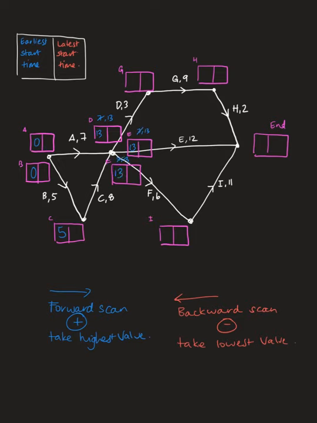And I keep going with my forward scan. To get into G, up the top here, to start G, I have to go through D. So 13 plus the 3 is 16. And then going through that way, so I might come through here before I get into that. But to start I, I have to go through F. So 13 plus the 6 for F is 19.